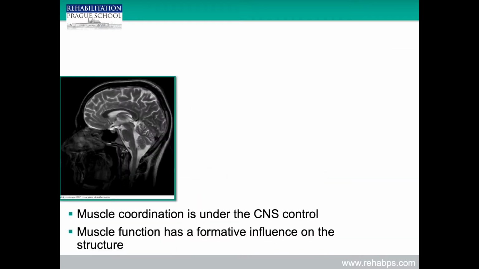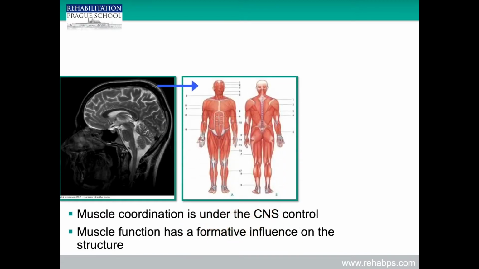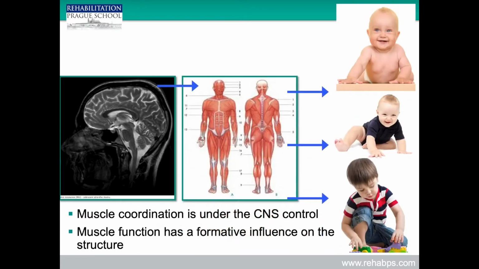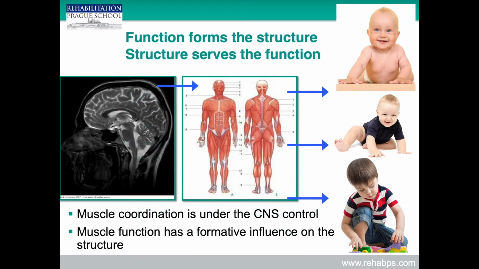If the brain develops physiologically, optimal muscle coordination occurs and the child presents with physiological movement patterns, ensuring optimal skeletal function. Generally, we can say the function forms the structure and the structure then serves the function.